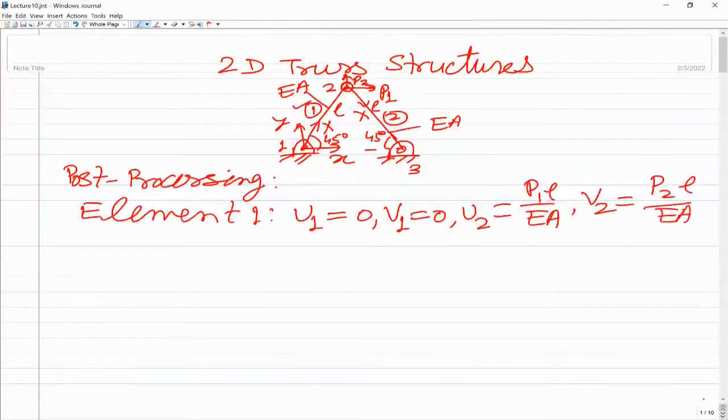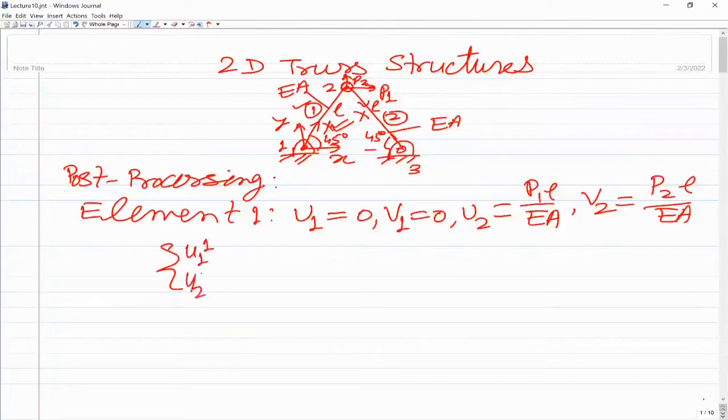Before you can do the post processing, because within the element the interpolation is of the displacement in the local x coordinate, this capital X, we will have to first get the elemental degrees of freedom in the local coordinate system, that is the displacement along the capital X direction within the first element. So we use the same transformation relation. Let us say u with subscript as local node number, and superscript as element number.